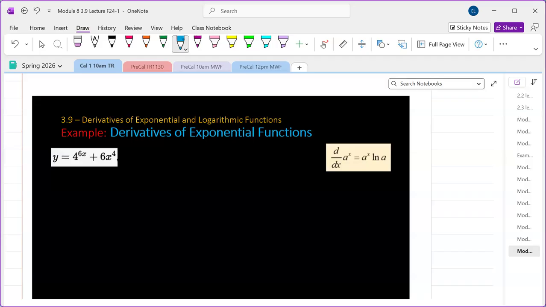All right. So we got our weird function, y equals 4 to the 6x plus 6x to the fourth. So this question really highlights the difference between the two. So the derivative of 4 to the 6x, that's an a to the ugly.